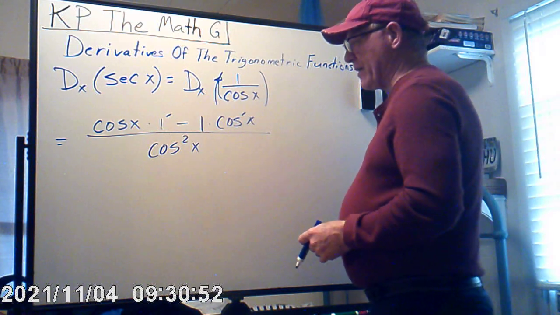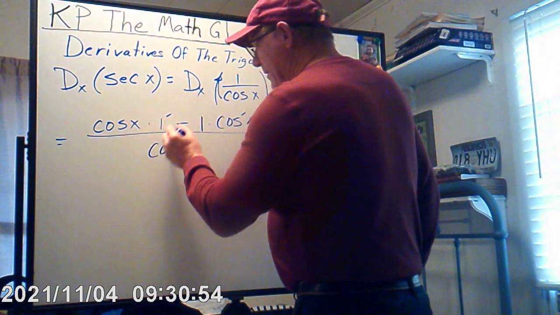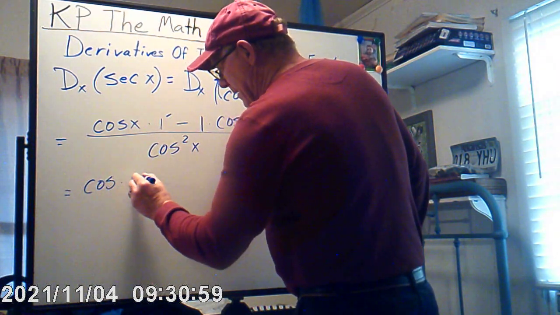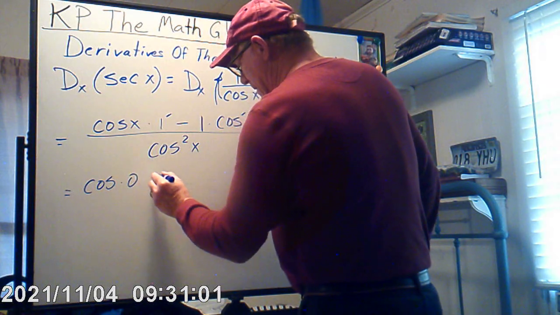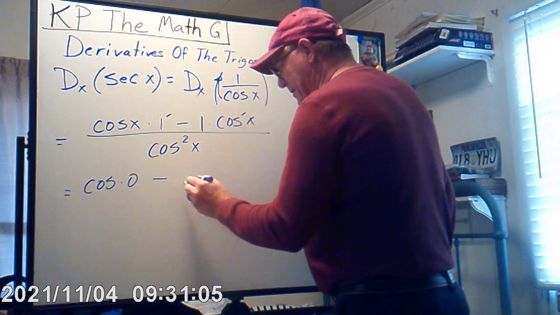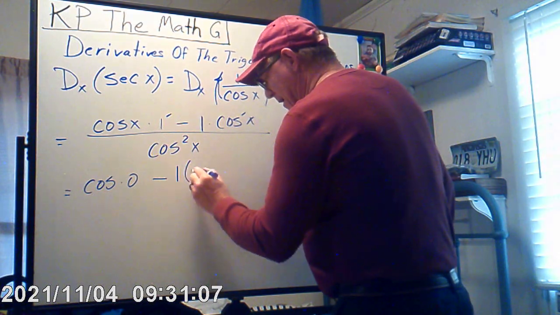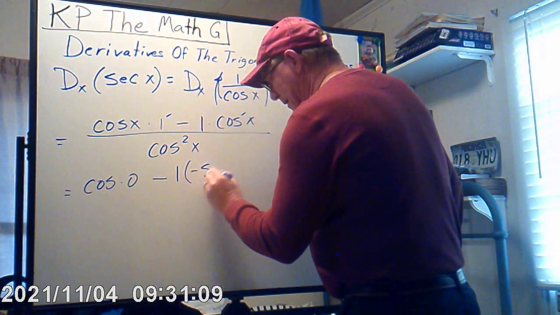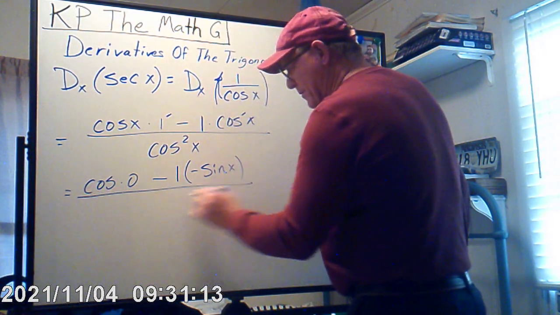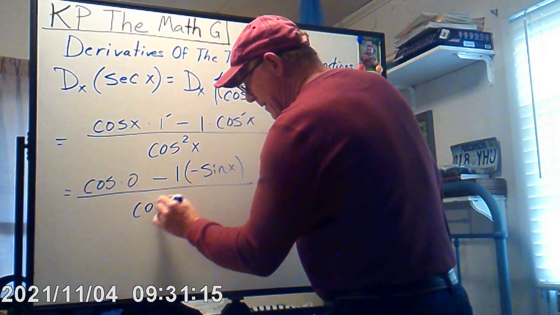Okay, so let's see here. The derivative of a constant is 0, so what we have here is cosine x times 0 minus, now the derivative of cosine is negative sine, so minus 1 times negative sine, all over cosine squared.